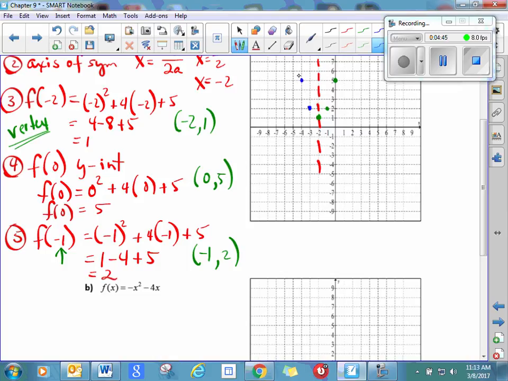So now you can see I've got my U. My vertex is going to be a low point. I can actually go ahead and draw it. If you can draw it better than me, it's going to look like that. Of course, it is going to have arrows on both ends.